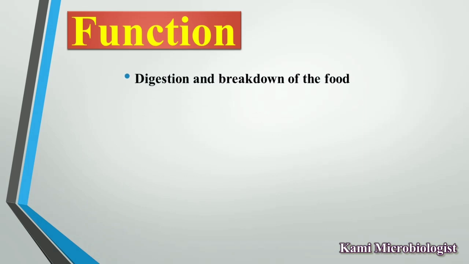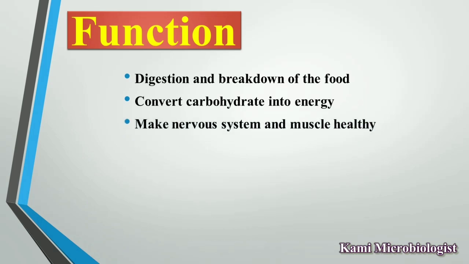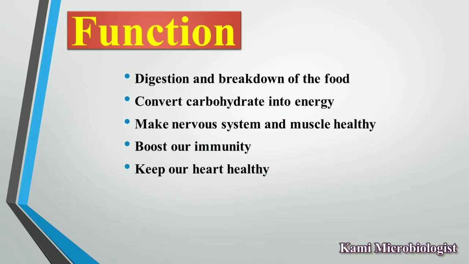The function is that vitamin B1 helps digest and break down food particles. Vitamin B1 can convert carbohydrate into glucose, and then the glucose gives us energy. Vitamin B1 keeps the nervous system and muscles healthy, boosts our immune system, and keeps our heart healthy.